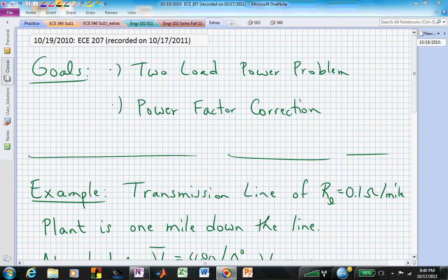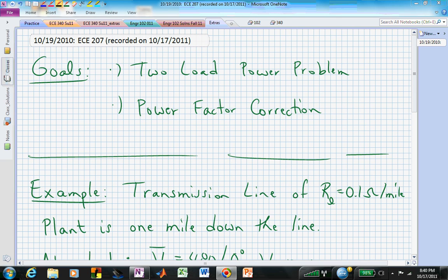What we want to do in this session consists of two goals. One is to work a problem that illustrates what you can do when you have two loads, and we are working with complex power, meaning our loads will have potentially real parts and complex parts, and we'll then have average power and reactive power, and we can then have this complex power quantity.